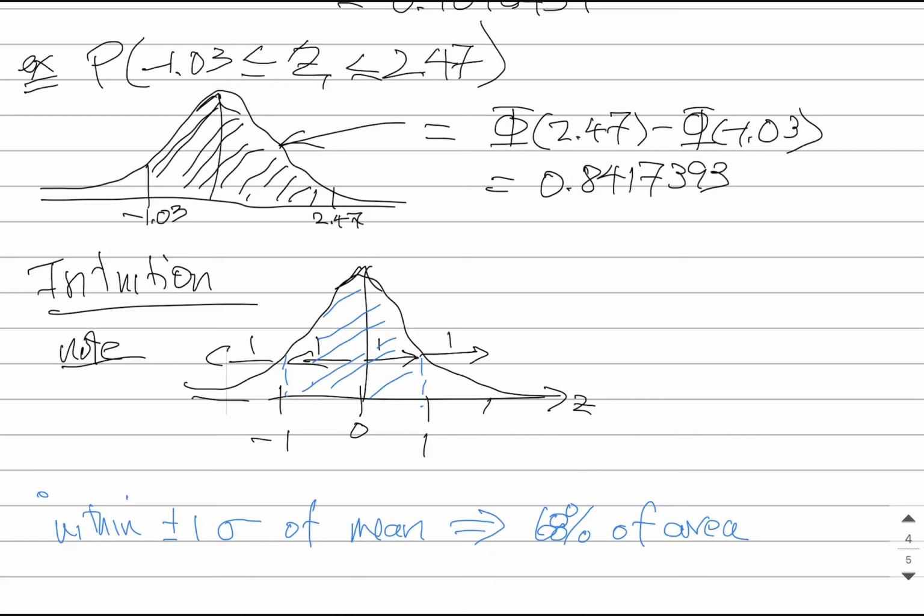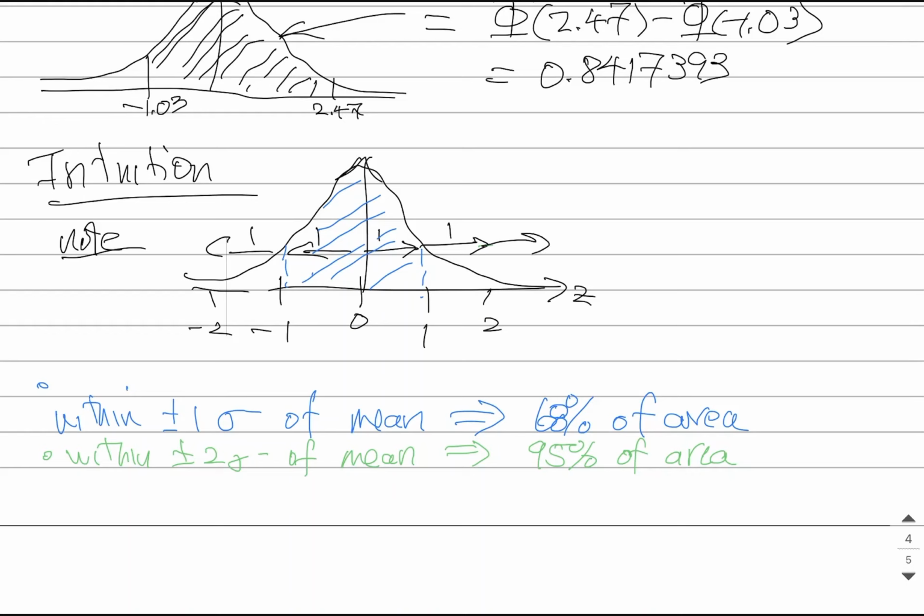If you go out another standard deviation, so if you are within plus or minus 2 standard deviations of the mean, it will turn out that you get about 95% of the area. And if you were to go out one more standard deviation, so to -3 and +3, and look at the area within there, it will turn out that the vast majority of the area lives within 3 standard deviations.